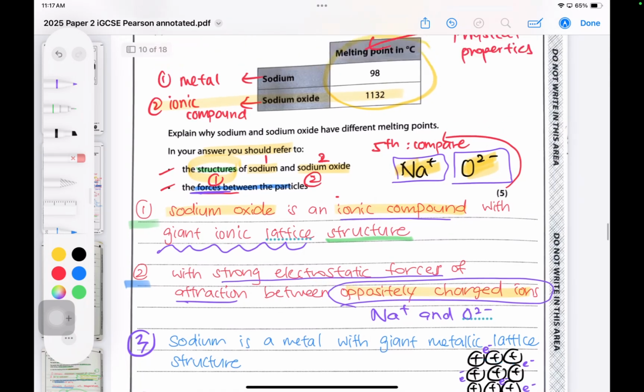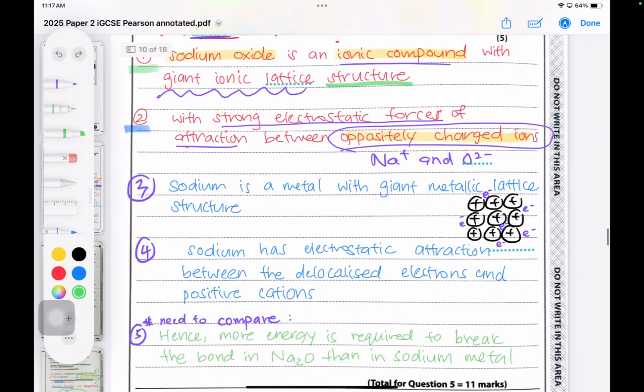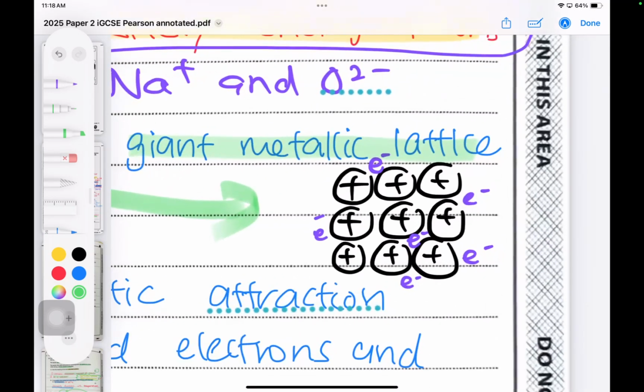Then we look into sodium. So sodium here is our metal. So we're going to focus on sodium. Again, we're going to talk about structure as well as forces. So for sodium, it's over here. Sodium is a metal with giant metallic lattice structure. And what a giant metallic lattice structure looks like is over here. Okay, this plus here are our positive cations.